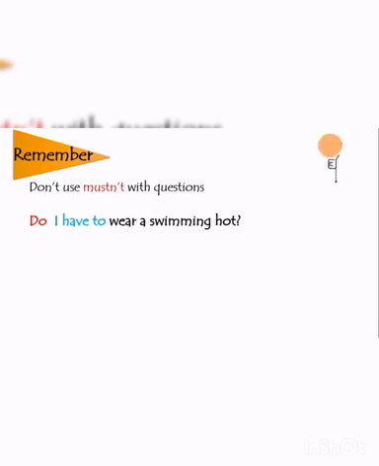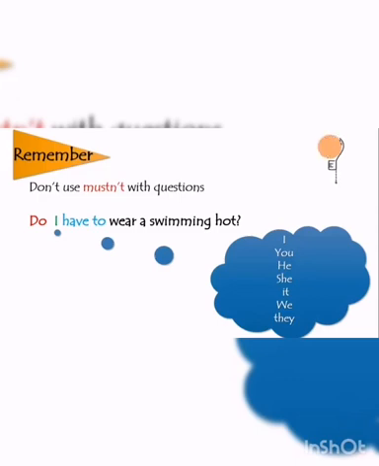If you want to make a question, use the auxiliary do plus personal pronoun and then have to, as in this example. Do we have to wear a swimming hat?